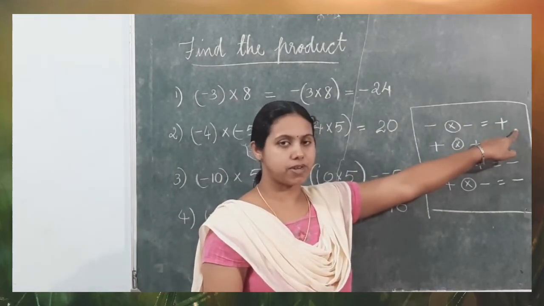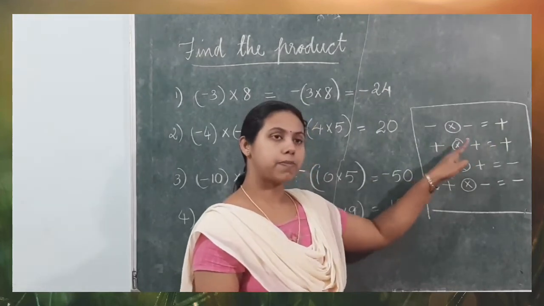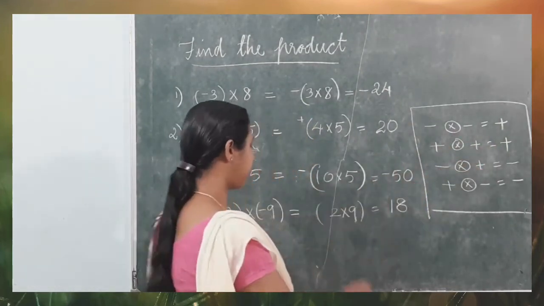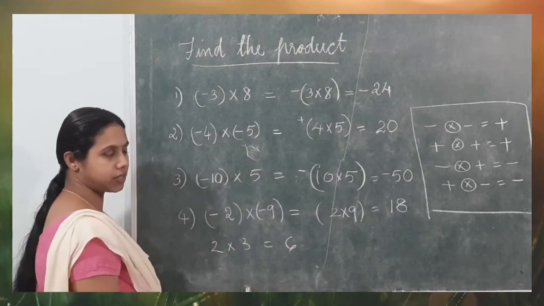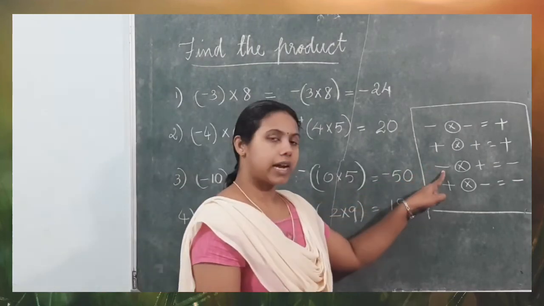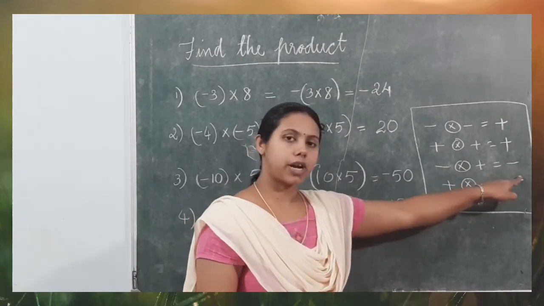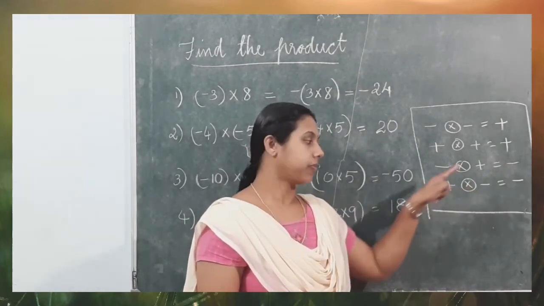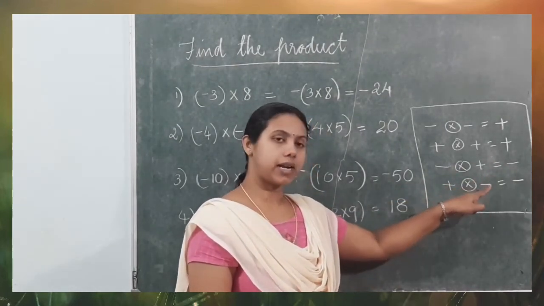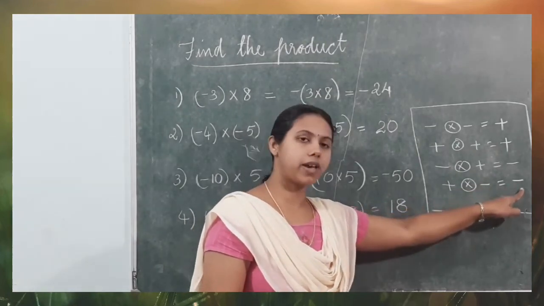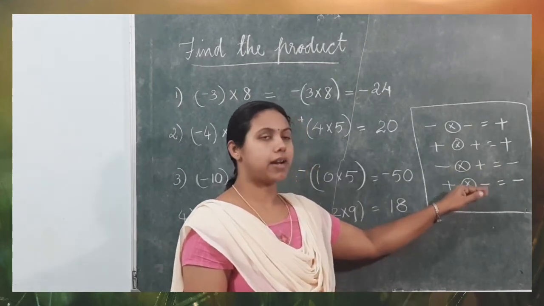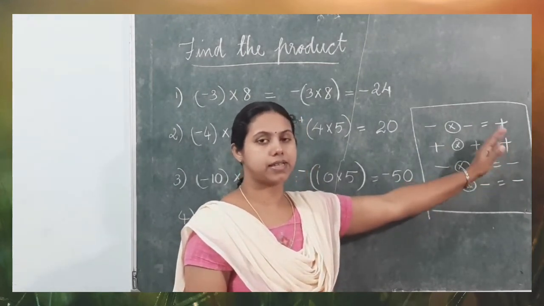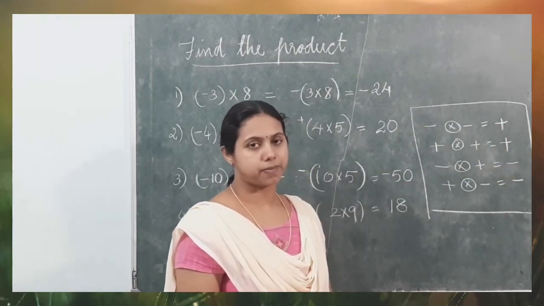If you are multiplying two positive integers, for example 2 into 3, you will get the positive integer 6. And a negative and a positive integer, the product is always negative. And a positive integer and a negative integer, the product is always negative. So you just look at the signs and decide the sign of the product.